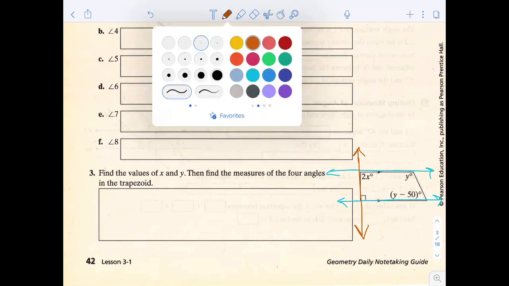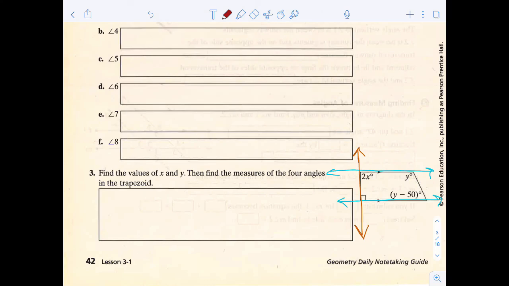So first focus on one side and then the other side. That should help you to find x and y. You can use your different types of angles to solve for those. Look at them as transversals, not as just one shape, and that should help a lot.